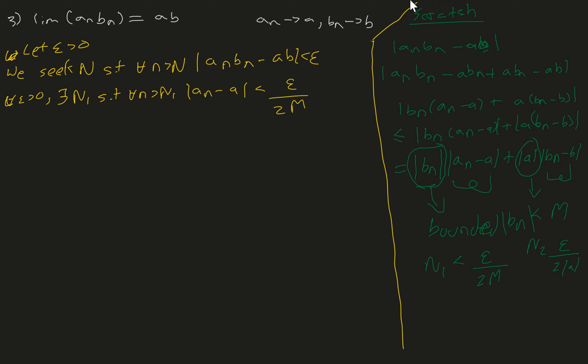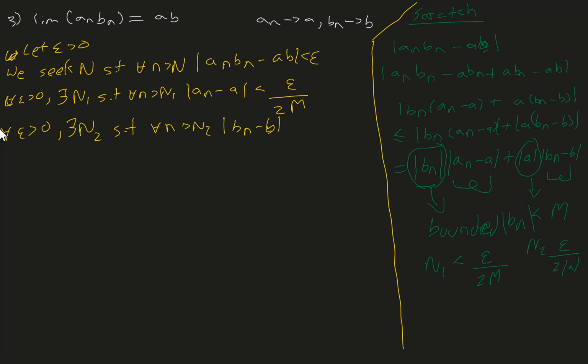Since we know a_n converges to a, we can make |a_n - a| as small as we want, and so is that true for the sequence b_n, because we know it converges. So there exists an N2 such that for all n greater than N2, |b_n - b| we can make as small as we want.